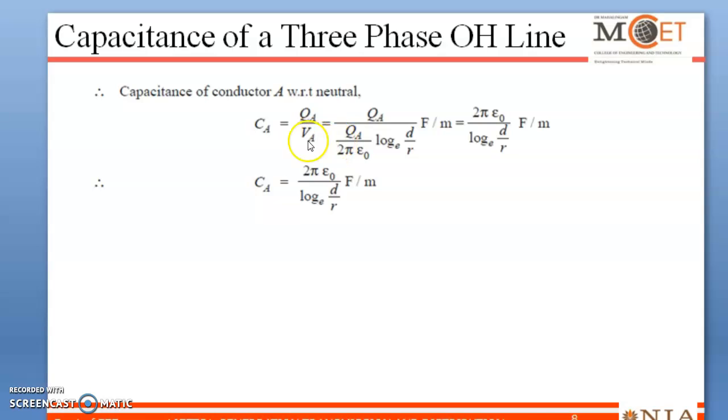From the previous equation, the potential difference is QA divided by 2 pi epsilon naught log e D by R. Simplifying, QA is cancelled. This value goes in the numerator and log e D by R in the denominator. So the final capacitance of the three-phase overhead line is 2 pi epsilon naught divided by log e D by R farad per meter.